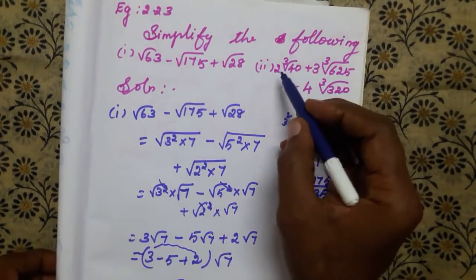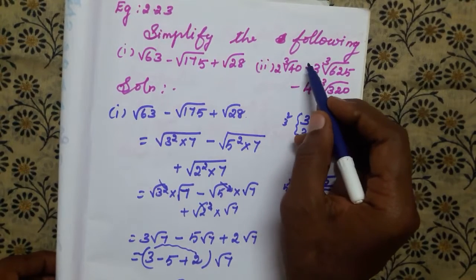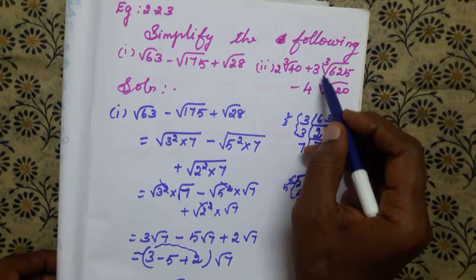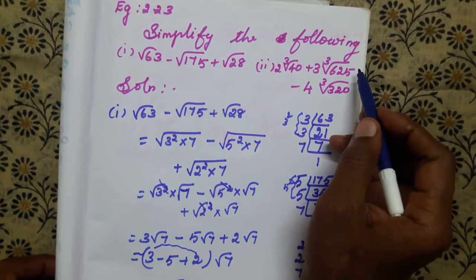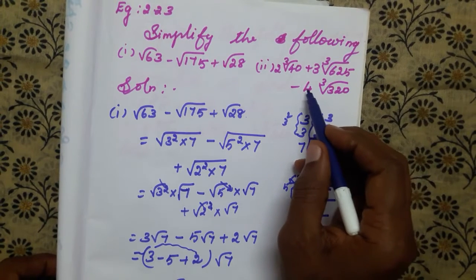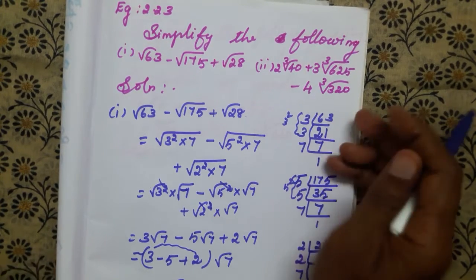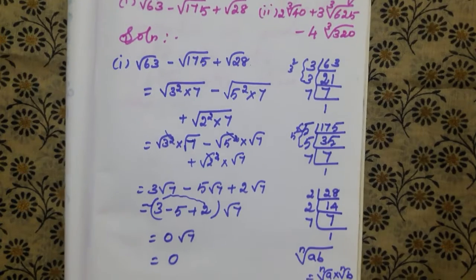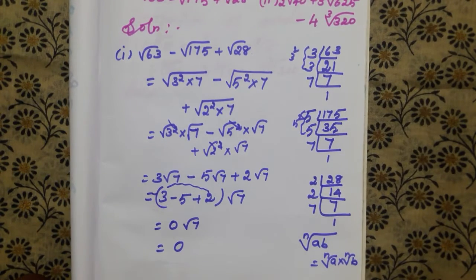Then the second number: 2 cube root of 40 plus 3 cube root of 625 minus 4 cube root of 320. We have to simplify this.